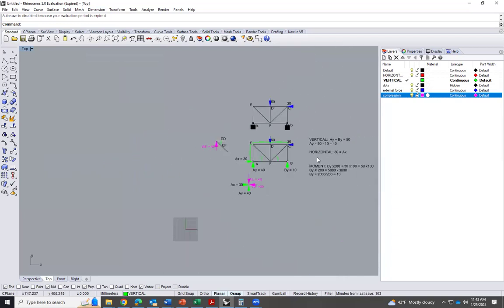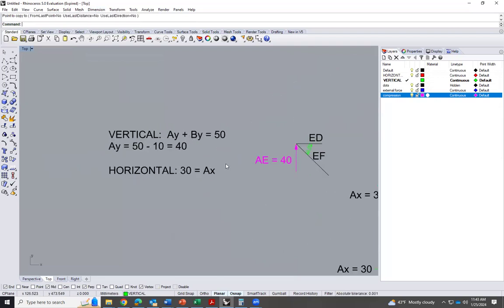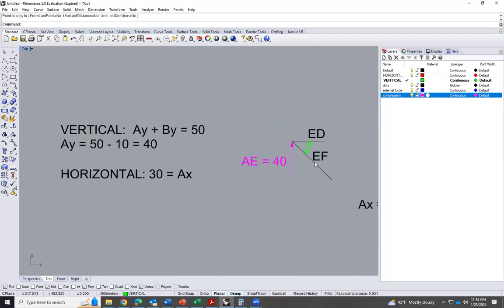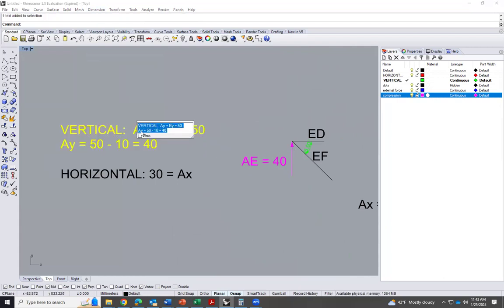And now here we can apply these vertical and horizontal equations of equilibrium. So what is vertical? Okay, so what goes up? The AE goes up and it's 40.